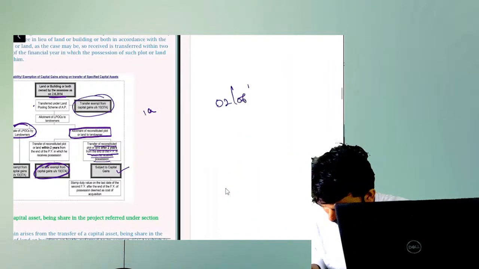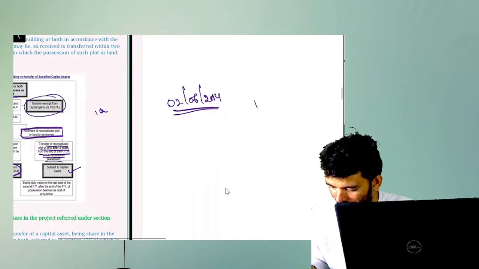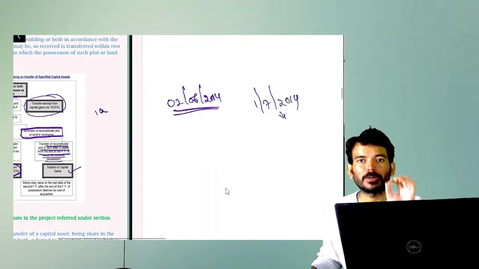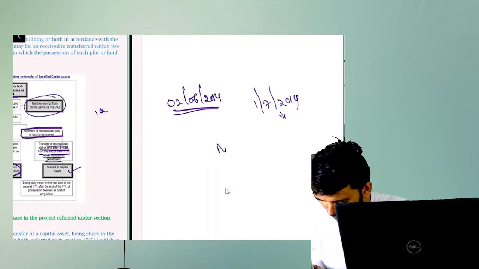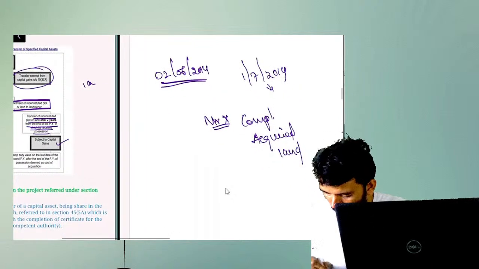2nd June 2014, this provision has come into effect. Let's take an example. 1st July 2014, government has compulsorily acquired your land. Okay, so you are Mr. X, compulsorily acquired land. We'll go with case by case.